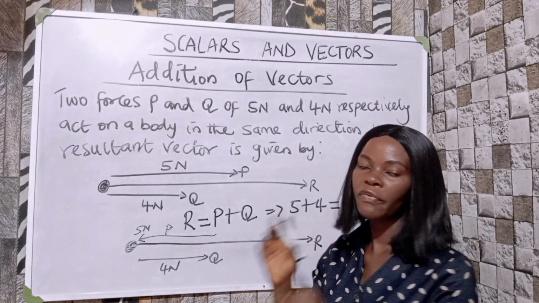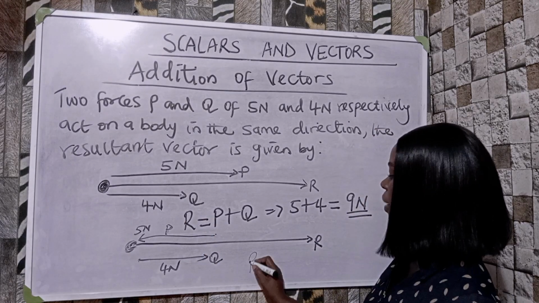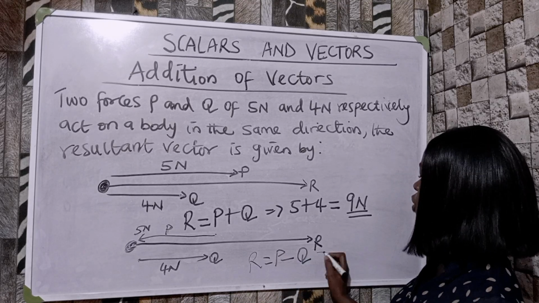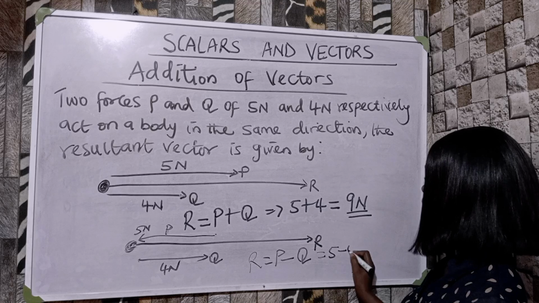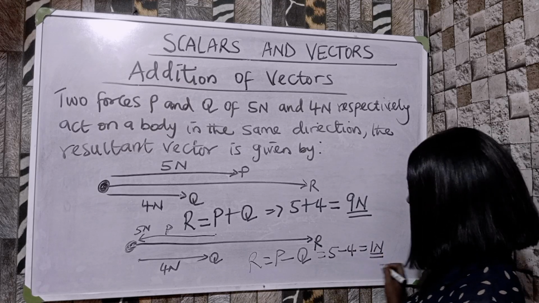Because both of them are moving opposite to each other, I'm going to subtract. So the resultant vector R is going to be P minus Q, which is 5 minus 4. I'm going to have 1 Newton.